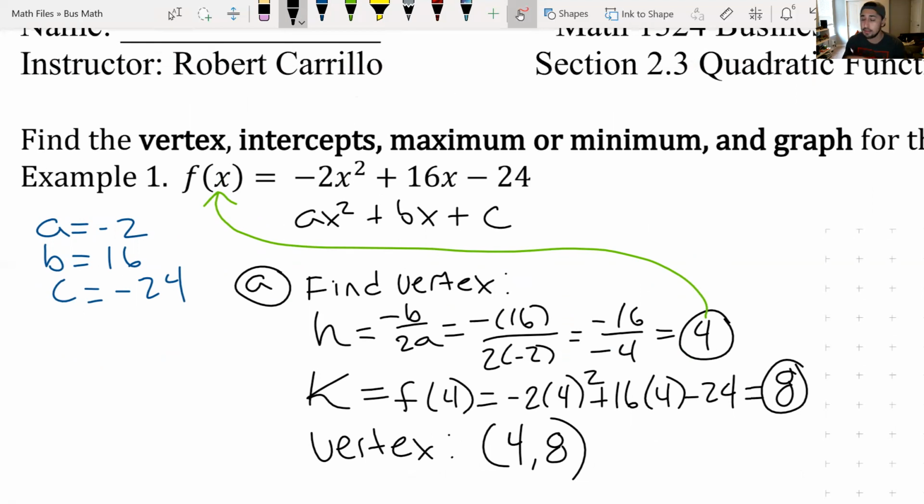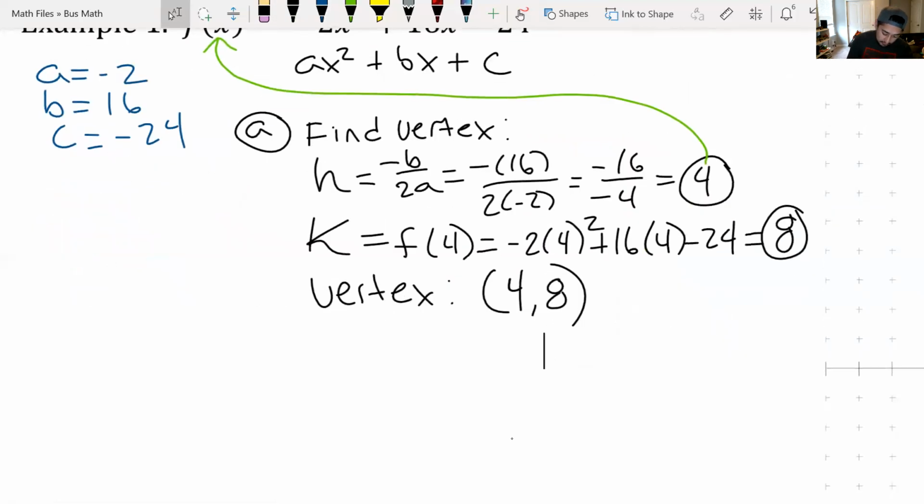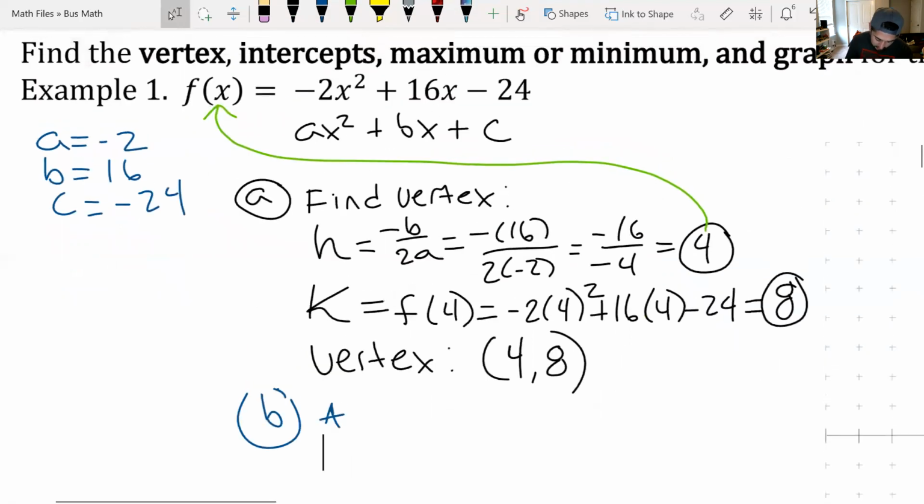So it doesn't say to find it, but let's find the axis of symmetry just to do it. It's one of the easiest things to do. So that's the next step. Axis of symmetry.